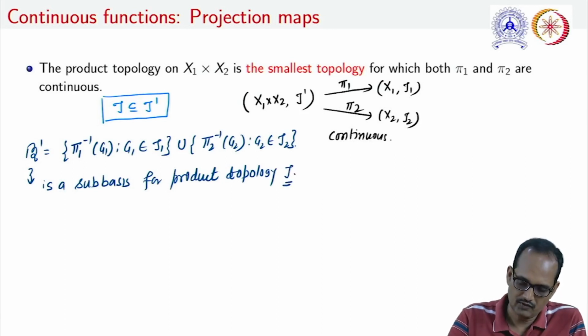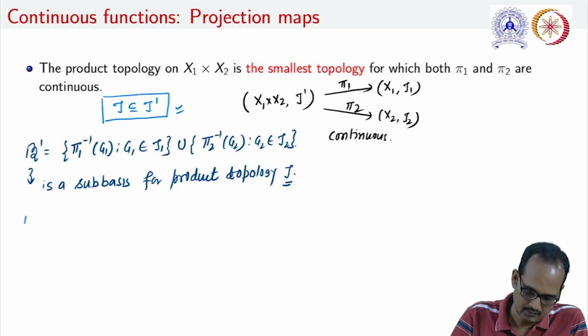In order to justify that this tau is coarser than tau dash, the first step which we are going to justify is that this b dash is contained in tau dash.